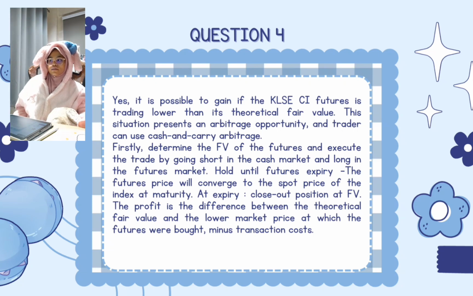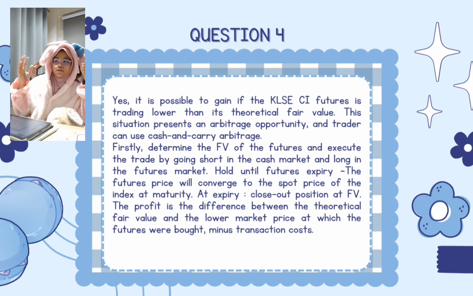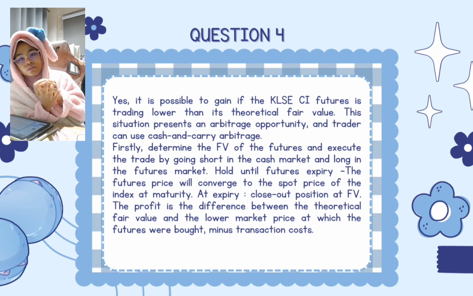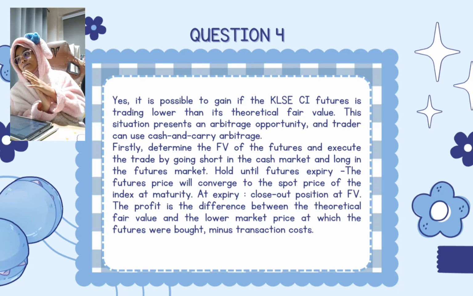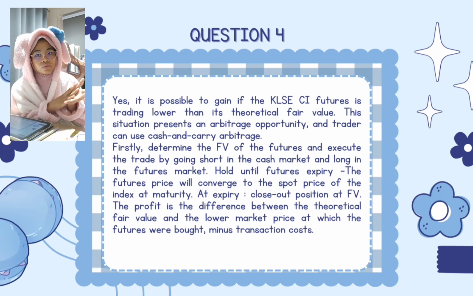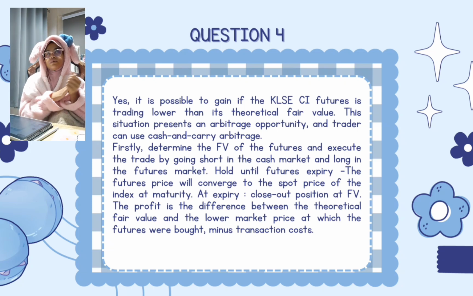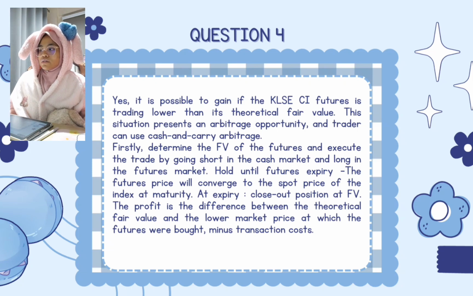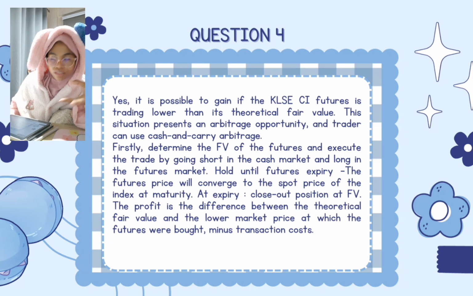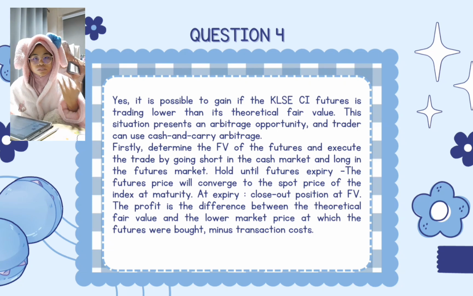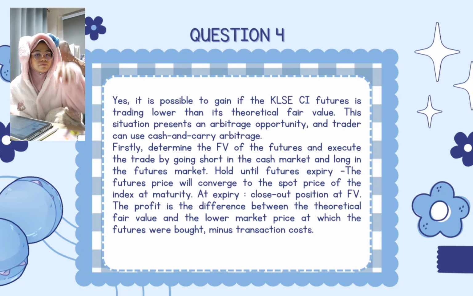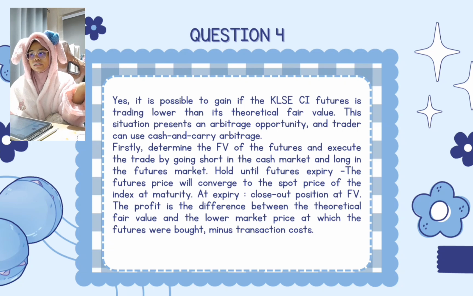So again, yes, it is possible to arbitrage, to exploit the basis, which is the difference between the cash market and BMDB. Basically, the trader will simultaneously buy the futures contract to benefit from the eventual rise in futures price to fair value, and second, sell the spot market.